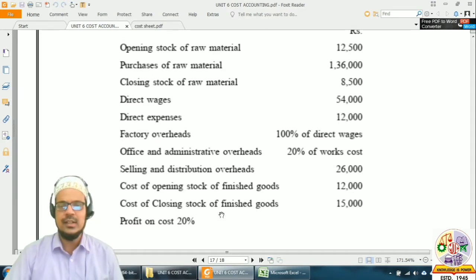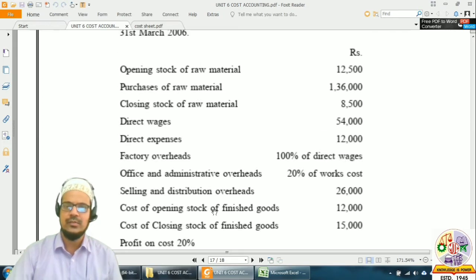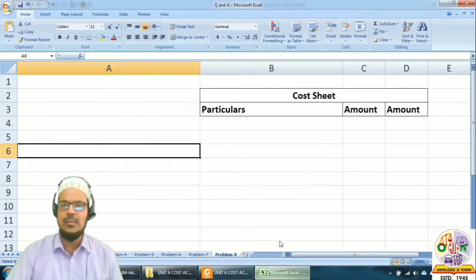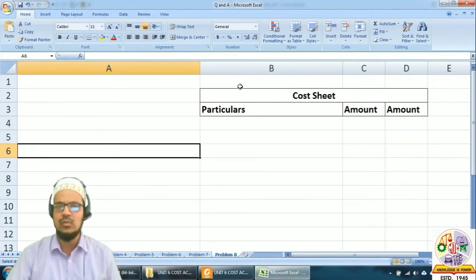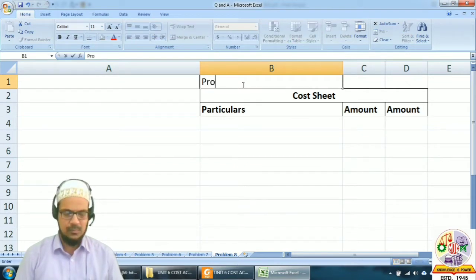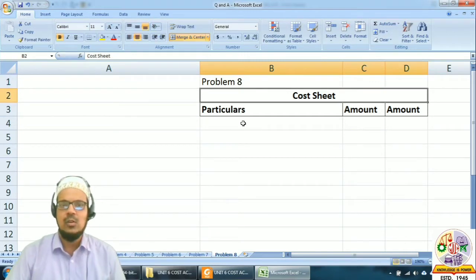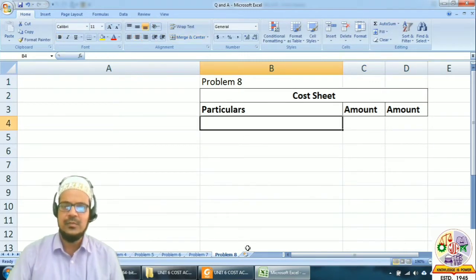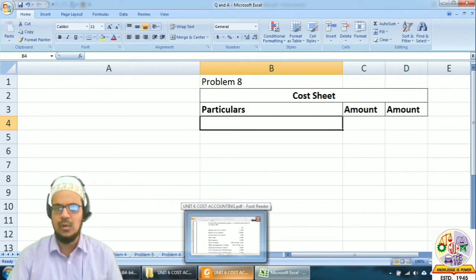This information is given to us and we are required to calculate the cost sheet. So we will make a standard format having particulars and amount column and write the problem number 8 at the top. Once the format is ready, we can start solving this problem.